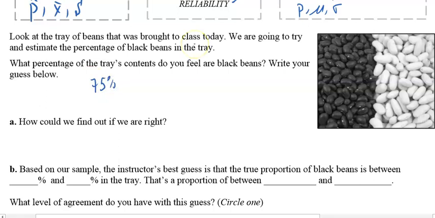So here the answer could vary. You could pick whatever you want. How could we find out if we are right? Well, there are a few ways we could figure out whether we're right. We could count them. Right? We could take a sample, but the sample has to be large.